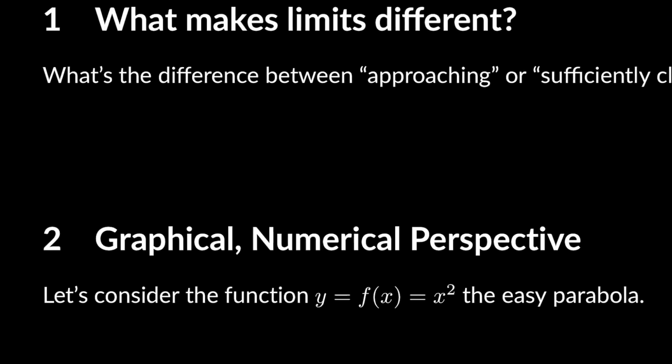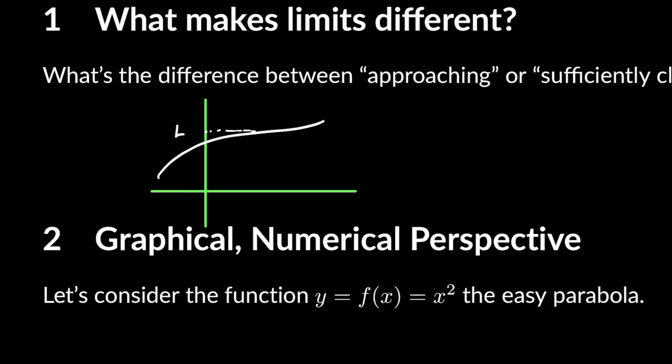Okay, so I tend to think of things graphically. If I have a function that's behaving in a specific way, and let's say I care about some value L that it takes on in its output, and here's my f of x.